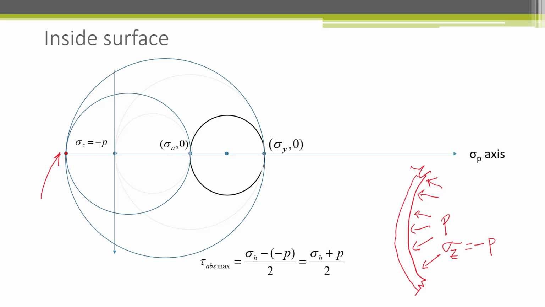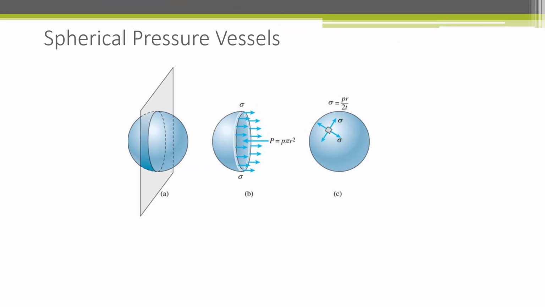So the absolute maximum shearing stress is out of plane at 45 degrees to the YZ axis. This shows that if the material shearing stress failure were to occur, it would be on the inside surface at 45 degrees.